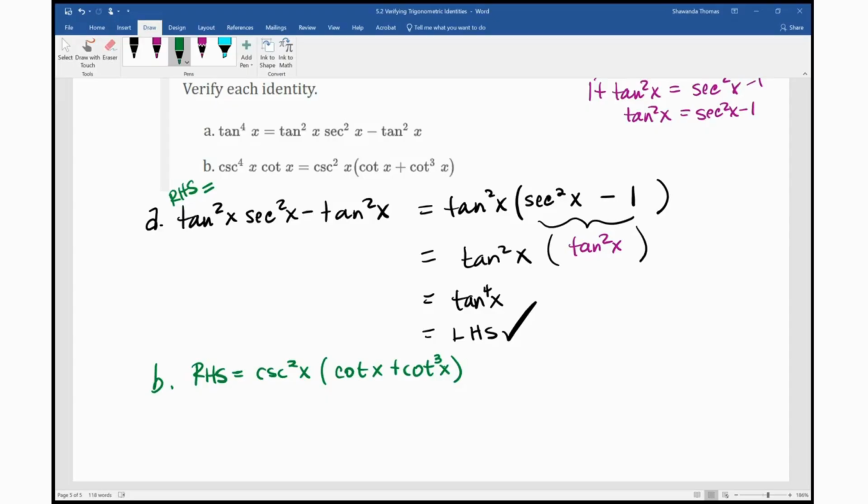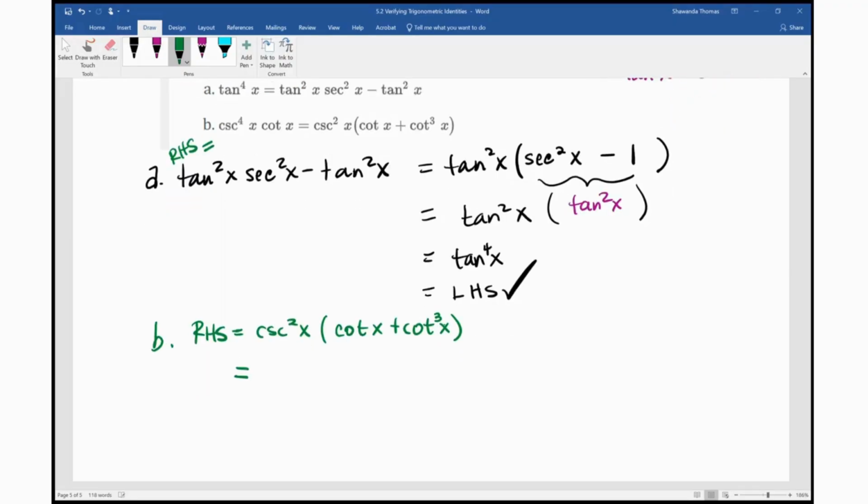All right. So what do we know about cosecant squared x? Let's replace it. One plus cotangent squared x equals cosecant squared x. So let's replace that with 1 plus cotangent squared x.